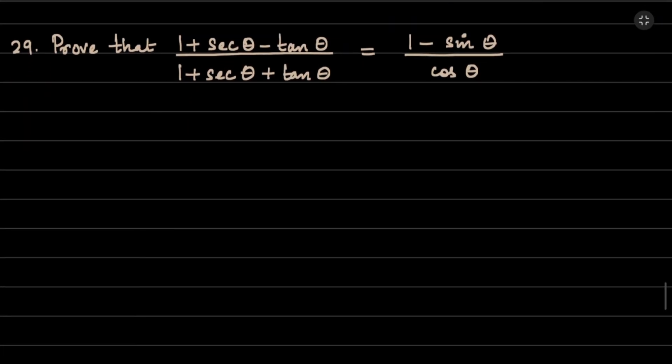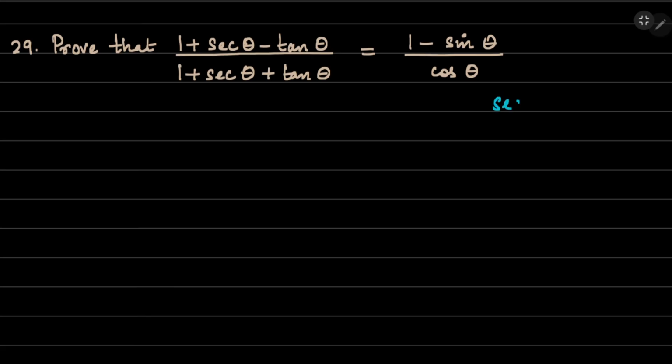Okay, so 1 plus secant theta minus tan theta divided by 1 plus secant theta plus tan theta is equal to 1 minus sine by cos. How do you do it? So again, let's use the identity. In the numerator, for this particular 1, I can write 1.